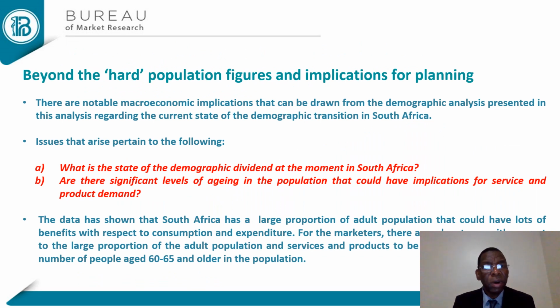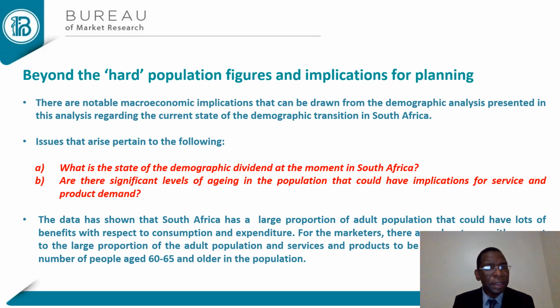Having looked at the population size and structure, as well as the components of population change, that is fertility, mortality, and migration trends, we now look at the implications of the population figures for planning. We note at first that there are notable macroeconomic implications that can be drawn from the analysis we have presented regarding the current state of the demographic transition.